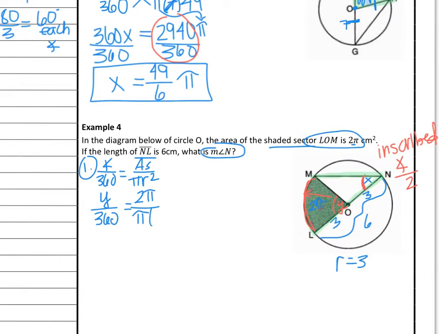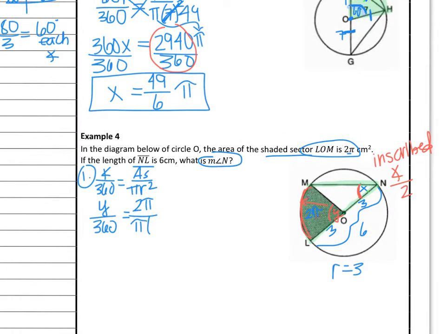So I'm going to plug in pi 3 squared. And then cross multiply. Well, before I do that, let's cancel out our pi's, make our lives easier, and cross multiply. So I'm going to do 3 squared, which is really 9. So it'd be 9 times y is 9y equals 360 times 2 is 720. Divide by 9, we get y is equal to 80.